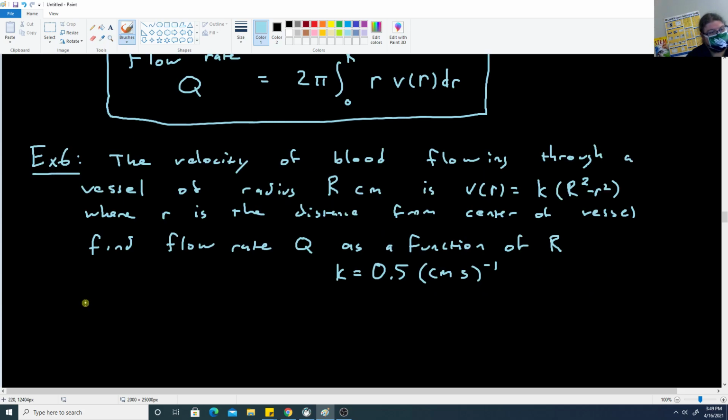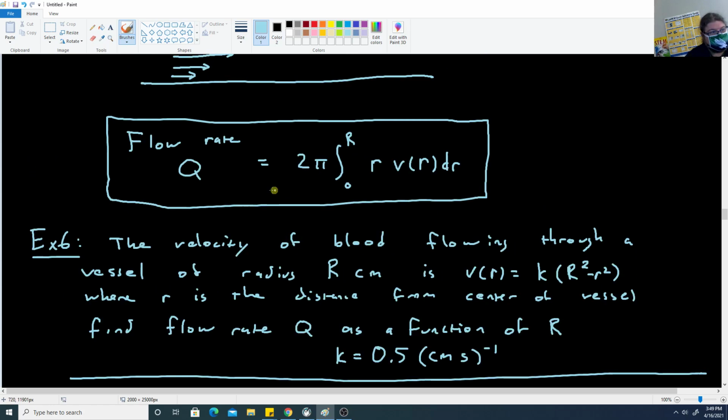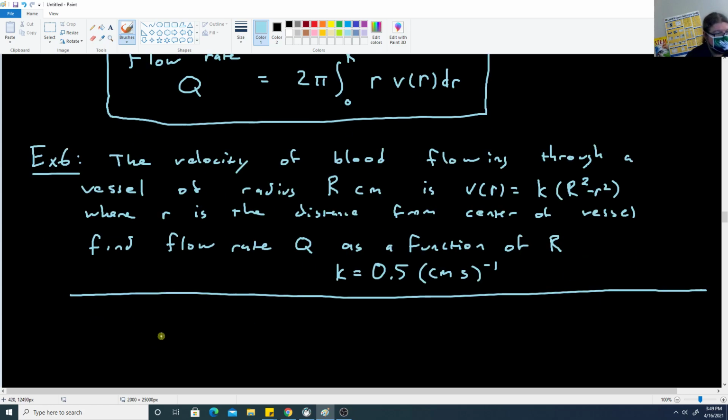Okay. So setting this up is pretty easy. They're asking us to find the flow rate. So we say Q. Since we're dealing with centimeters, the flow rate would be in cubic centimeters, and this is per second. So we're going to say the flow rate's units will be cubic centimeters per second. We'll just kind of keep that in our brain right now.